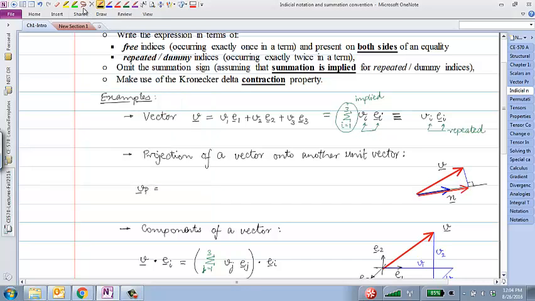This vector is what I'm going to call VP, the projected vector of V along n. Okay, V sub P. How do I find this V sub P?